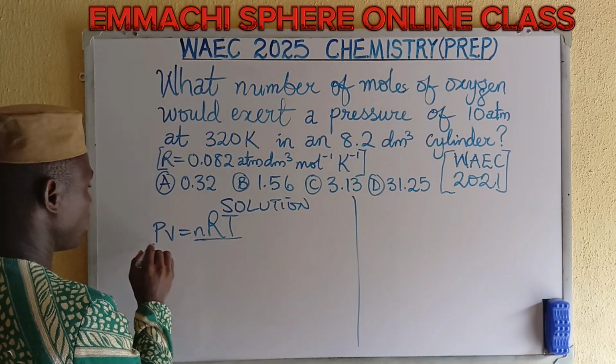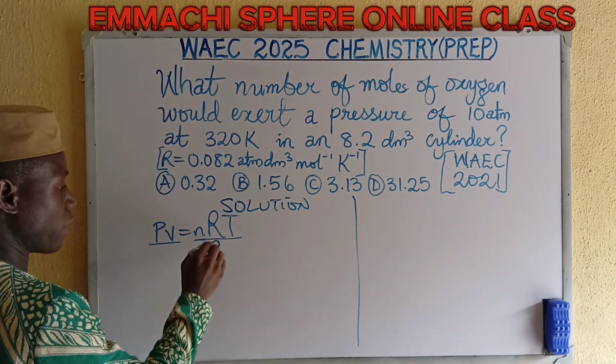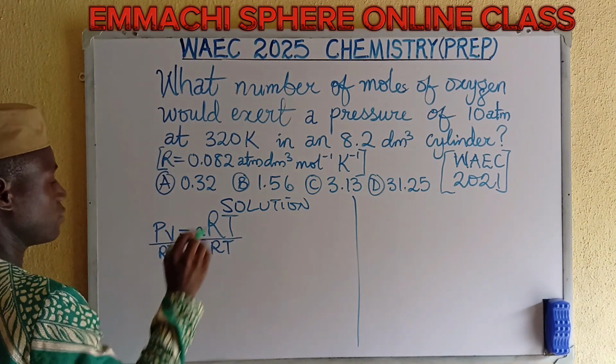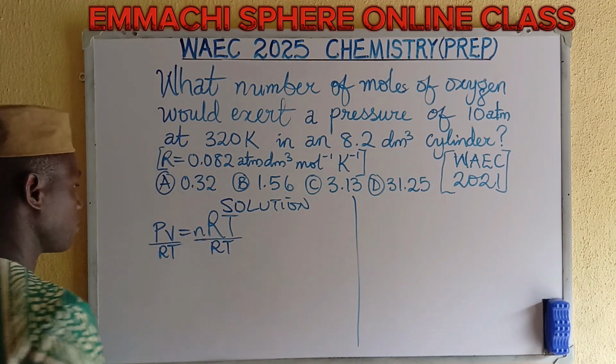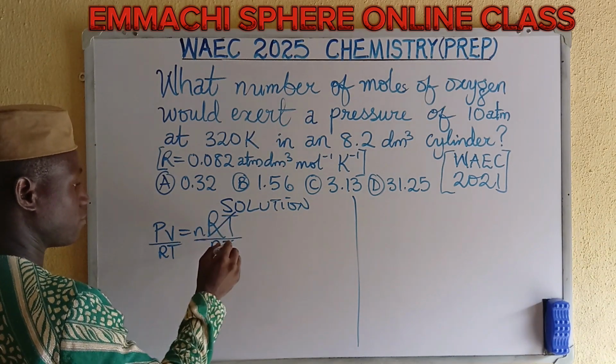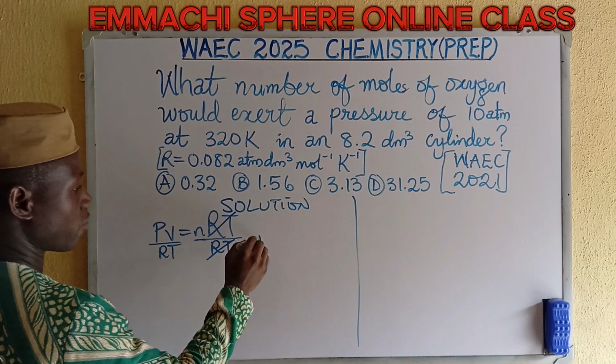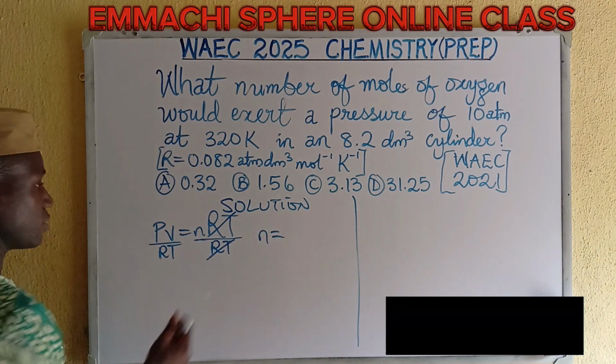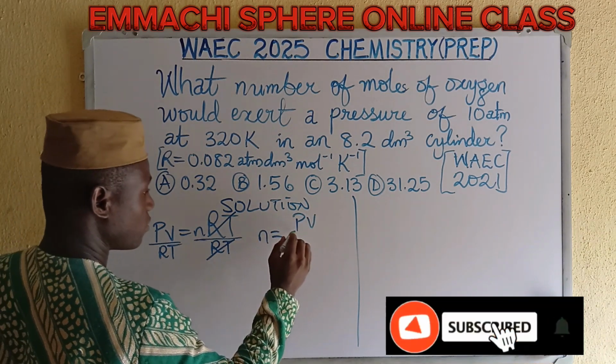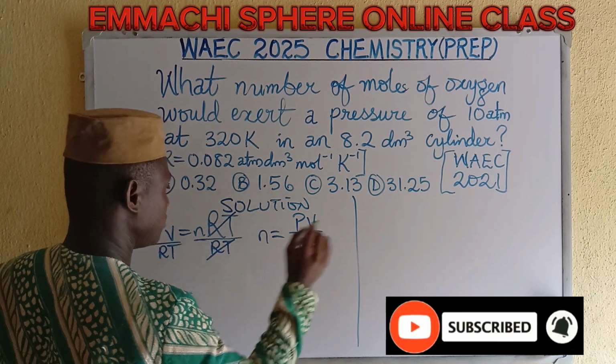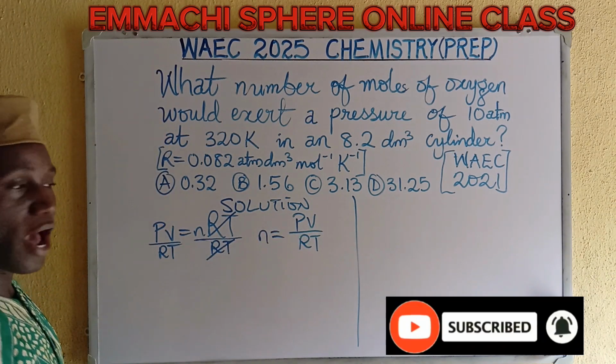Therefore, we make n the subject of the formula by dividing through by RT, which is the coefficient of n. So RT cancels RT here. Therefore, by rearrangement, n is equal to PV over RT.